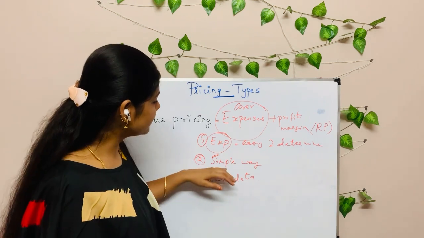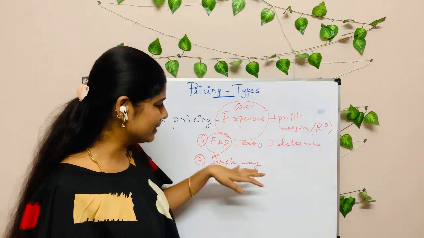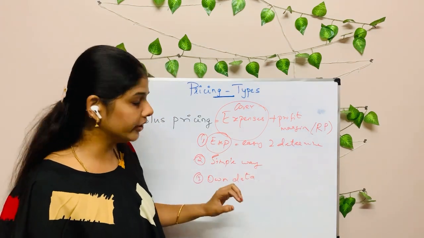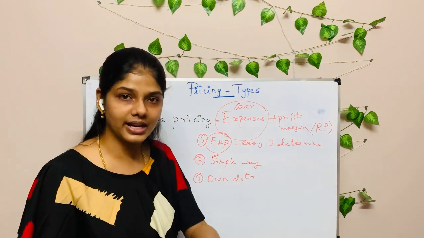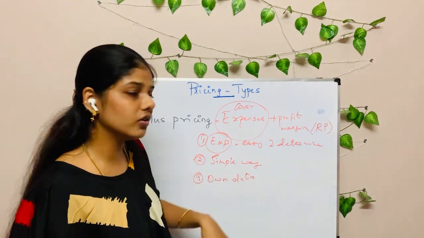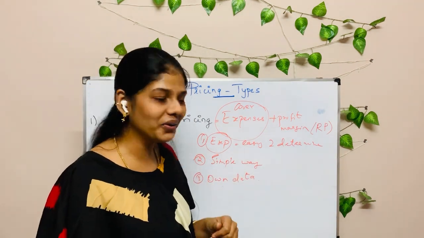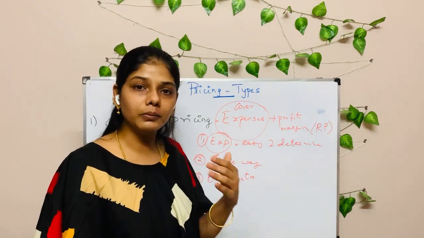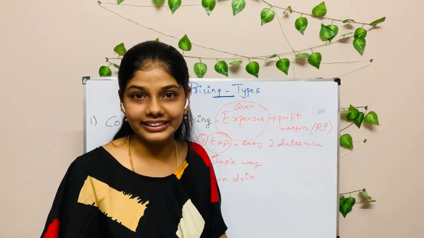okay. And the second advantage is that it's a very simple way of calculating your value for the product. Why? Because in our upcoming videos we'll be studying the different kinds of pricing techniques. So when we compare them, this becomes one of the easiest techniques ever, okay. And the third one is that here you need not depend upon your other environmental data, okay.